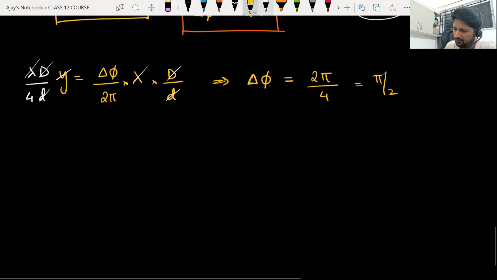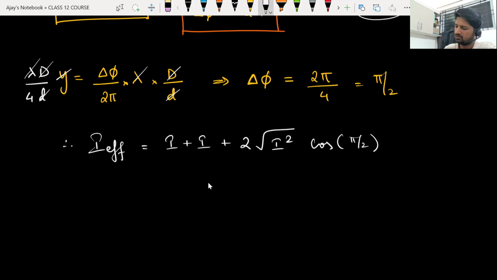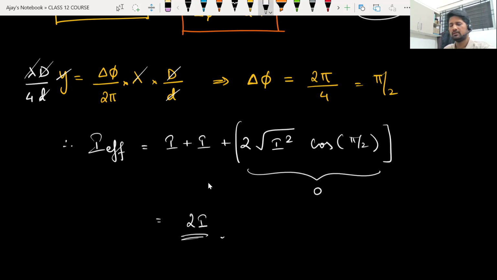Individual intensities are I and I each, so I1 plus I2 plus 2 root I1 I2 cos of the phase difference. I1 I2 becomes I square, and the phase difference is pi by 2. Cos pi by 2 is 0, so this last term becomes 0. The effective intensity is 2I. Is it clear?